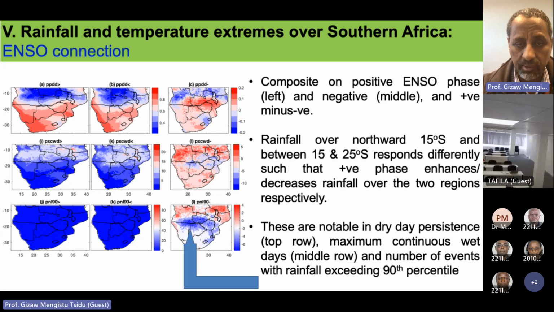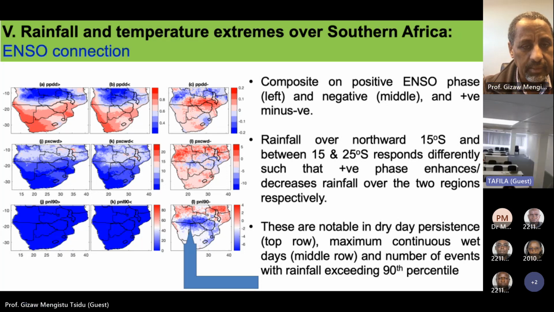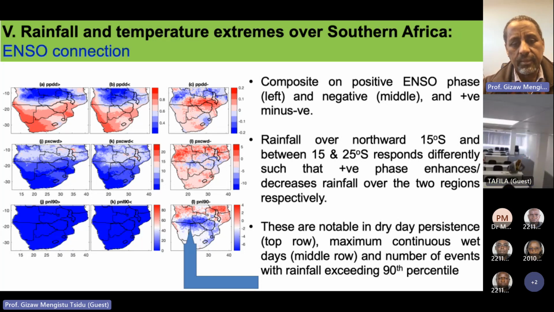We know ENSO, La Nina, and El Nino have different, opposite signals.